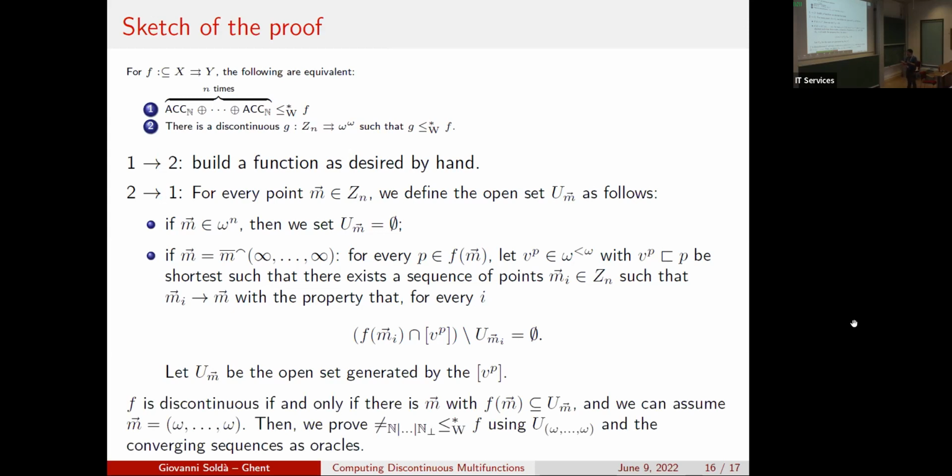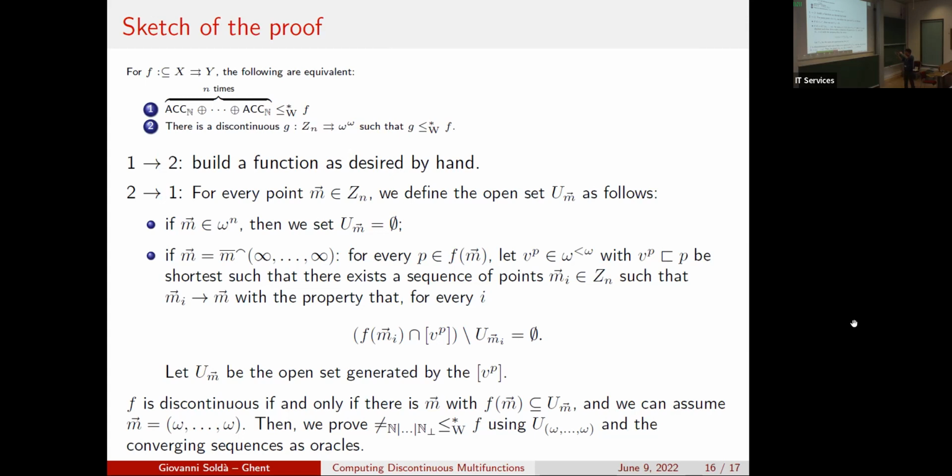And the point is what? The point is that F is discontinuous if and only if you're able to find a point in Zn such that the entirety of its image is contained in this open set of bad points, which is the reason why I call them the open set of bad points. So Un is describing the set of points in the image such that you are discontinuous for trivial reasons, in the sense that you can find a sequence of points that converge to you, but the image of those points is disjoint from the image of this limit point that we're considering.